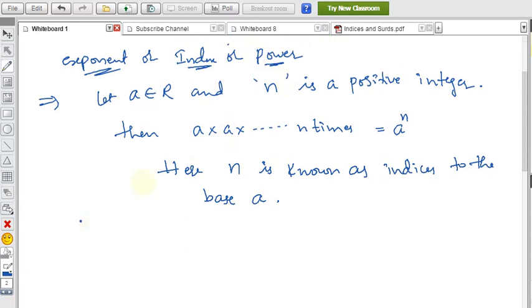Let's take an example. 2 into 2 into 2 into 2, that is 2 to the power 4. So 2 is multiplied 4 times. This we can denote with indices or exponent or power also. So this is a power, and 2 is the base.